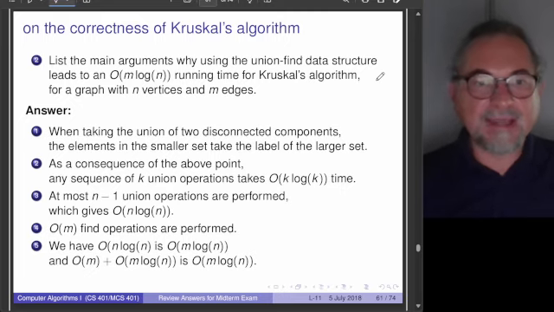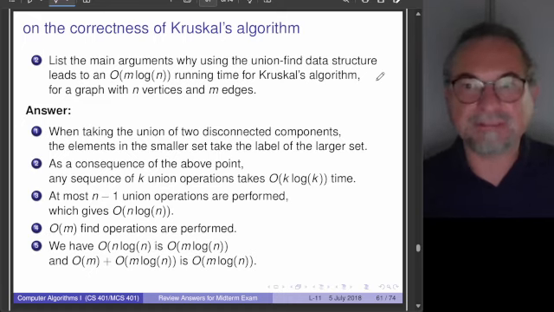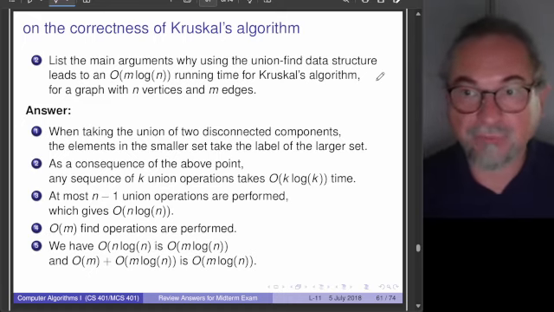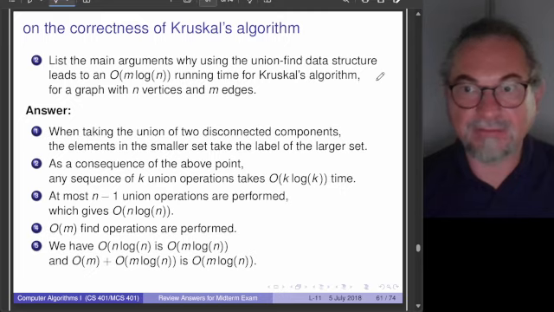So we have this n log n, and so okay, we thought it was linear because we had n minus 1 steps, but we have the cost of working with this union find data structure, which is an array.